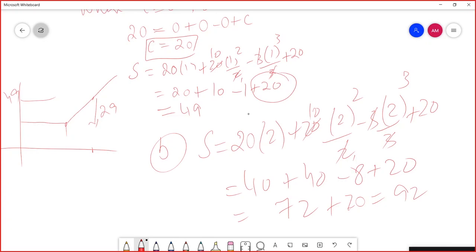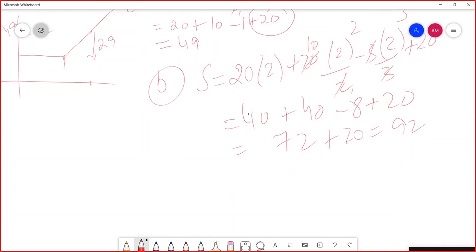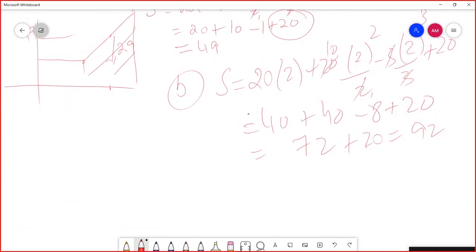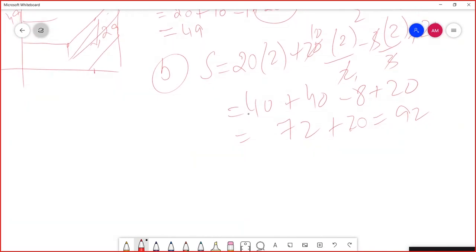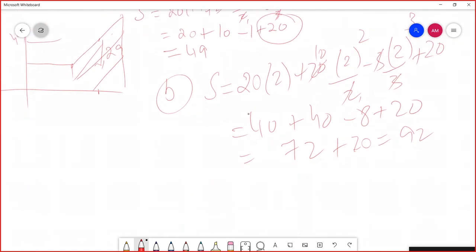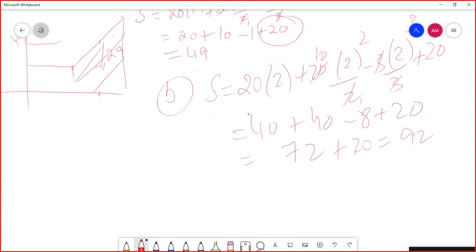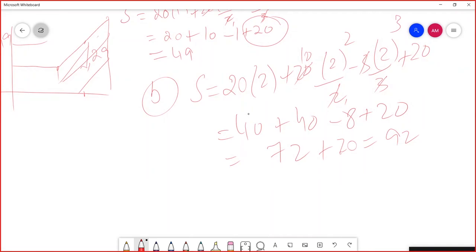Now if you see, this is the total till 2. So you will have to subtract the previous one. Do you understand that? Because this is the area under the curve, once you are putting 2, you also have the one from the start. So what is 92 minus 49? It is 43.